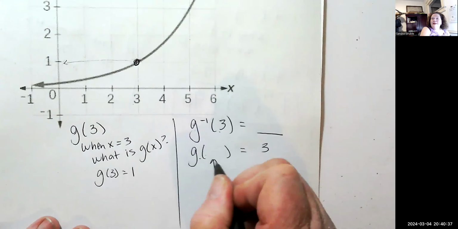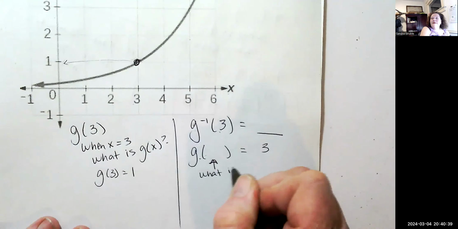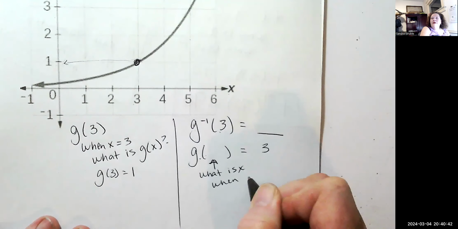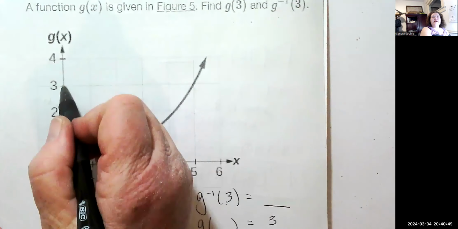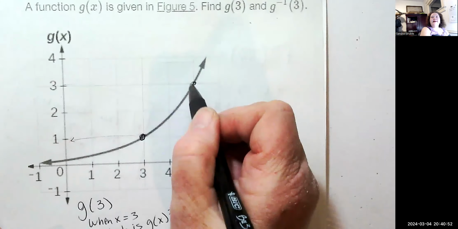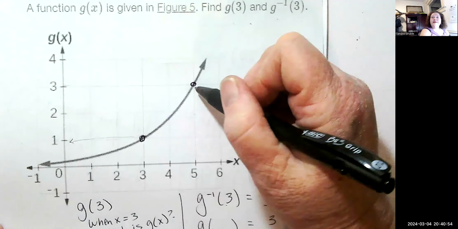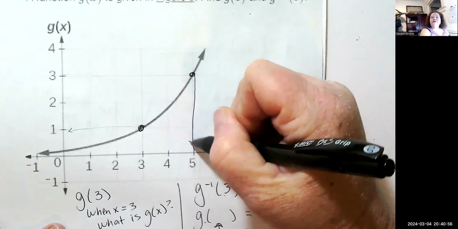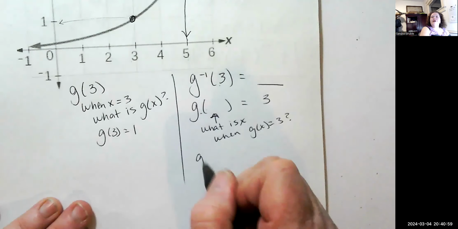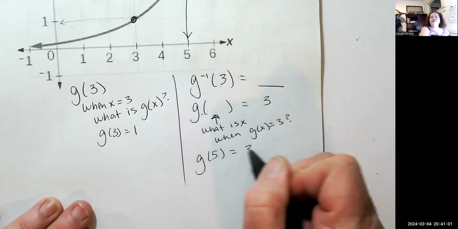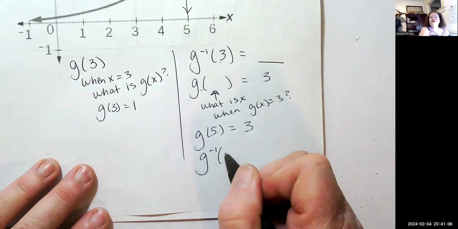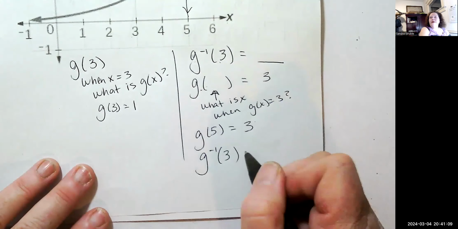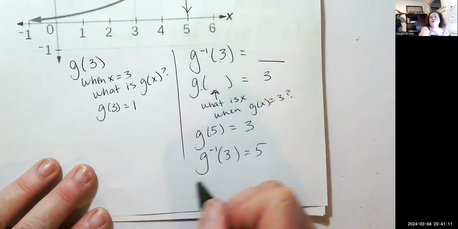So now I can ask myself, what is x when g of x is equal to 3? So now I have to come over here to my g of x and find 3 on my graph. Got it. And what is x at that point? It is 5. So therefore g of 5 is 3. And if g of 5 is 3, that means the inverse of g at 3 is 5, which is what we wanted to know.